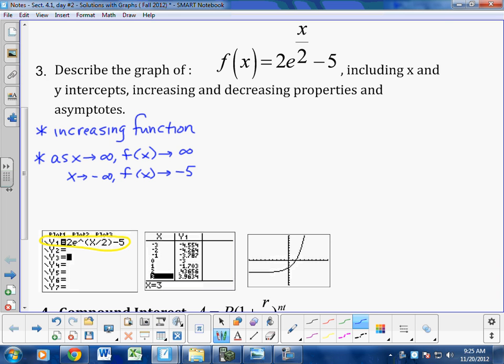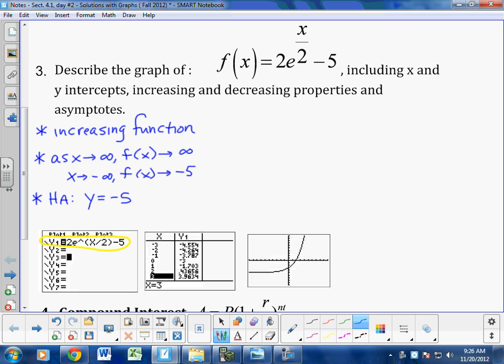Very good. So the next question to ask is, is there a horizontal asymptote? What is it? Good. Why would I say it's incorrect to say the horizontal asymptote is negative 5? It has to be an equation.